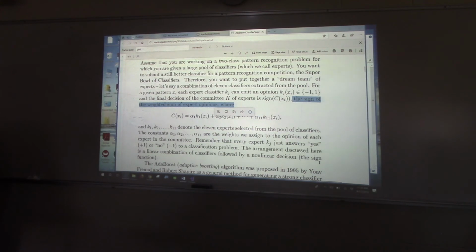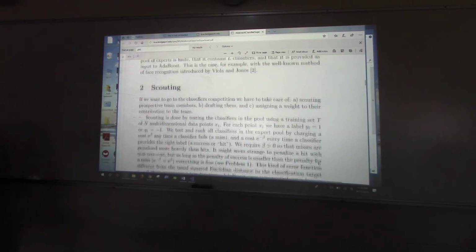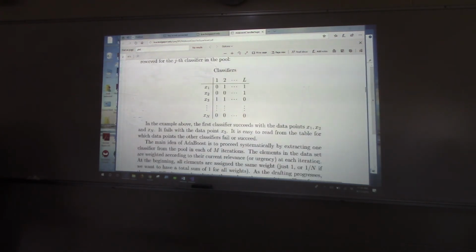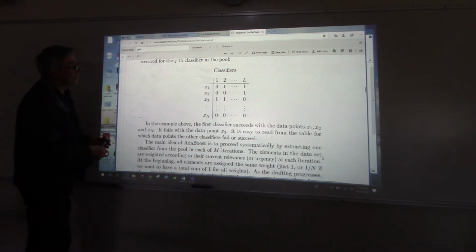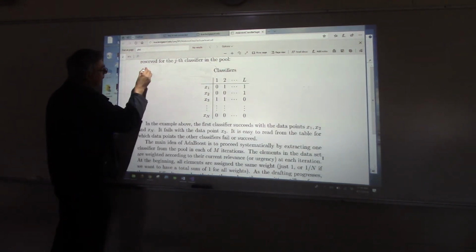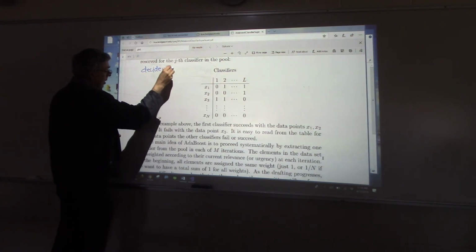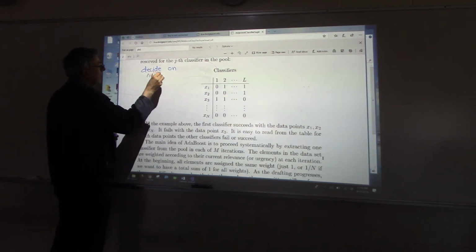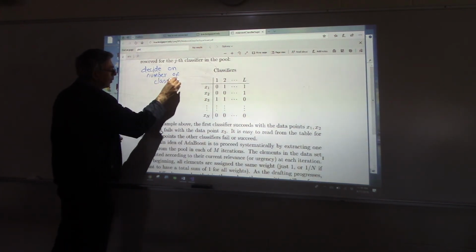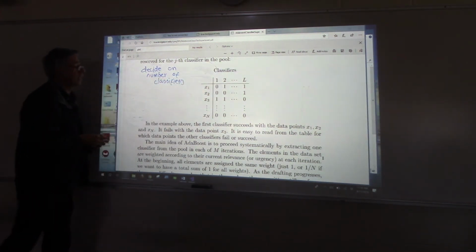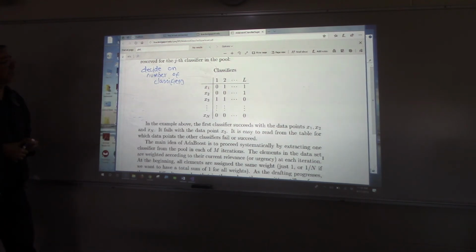Okay, so anyway, let's go through. Basically the way this algorithm starts is, we first of all decide on the number of classifiers. In some cases, we decide in advance. In some cases, as we keep going, we say, okay, let's add one more classifier.